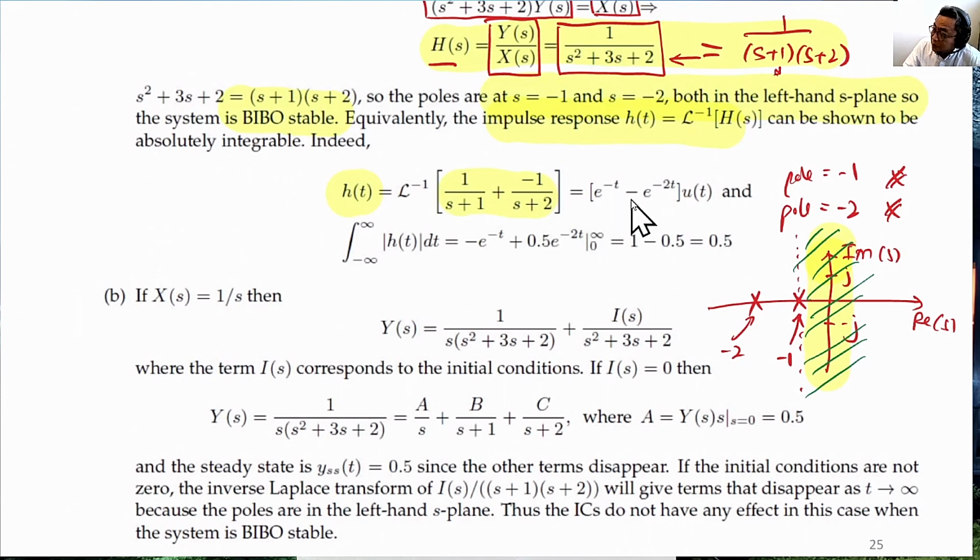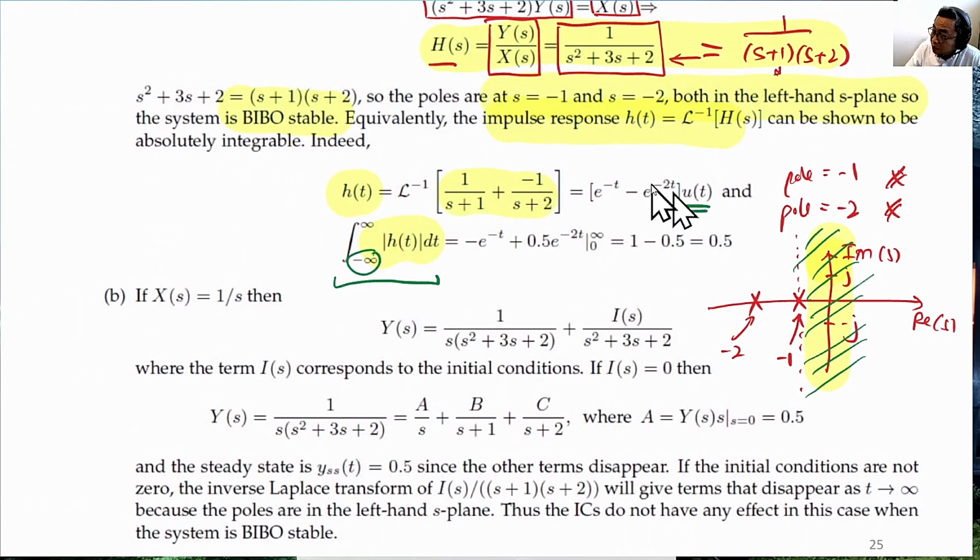For BIBO stability, the other way to find out is to evaluate if the impulse response is absolutely integrable. First, the impulse response is causal, only on the right hand side, u(t).